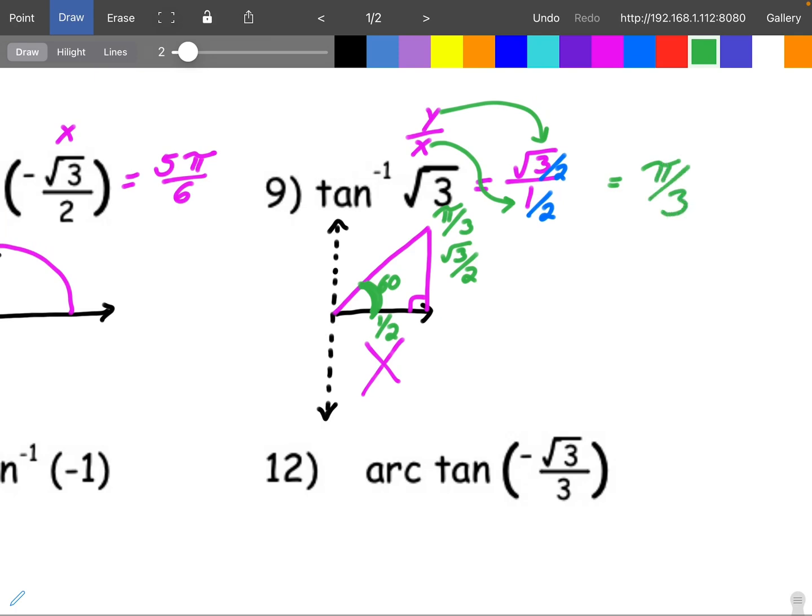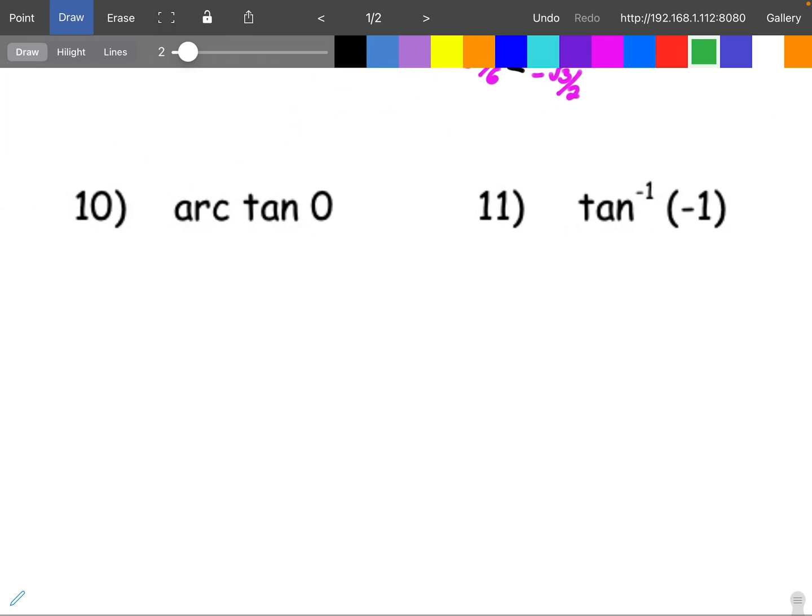So inverse tangent is pi/3. So those take a little bit more thought because tangent isn't just simply x or just simply y. It's y over x and then simplified. So we have to basically unsimplify the fraction and then figure out where that would be on our unit circle.